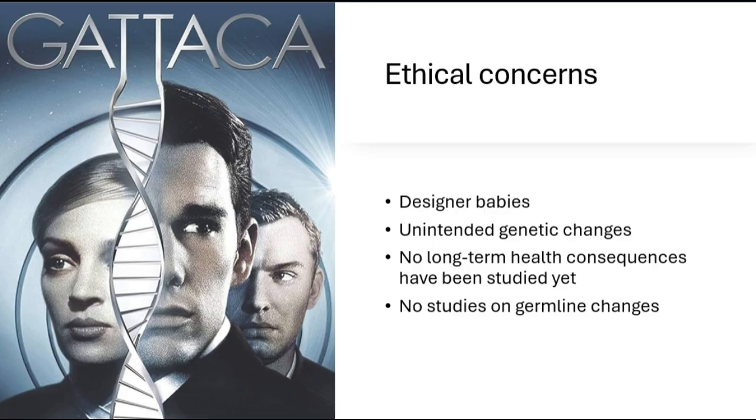So these designer babies are basically test tube babies where the parents picked and choose genetic traits for the fetus to have. And this kind of became a setback in the movie.